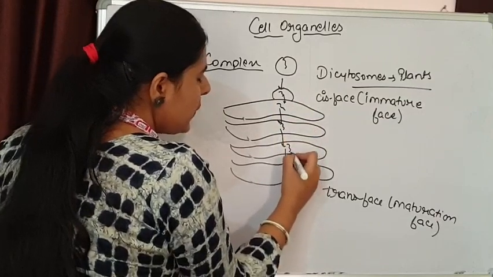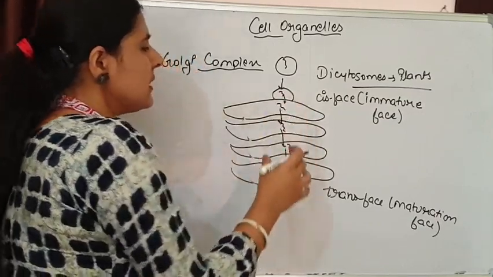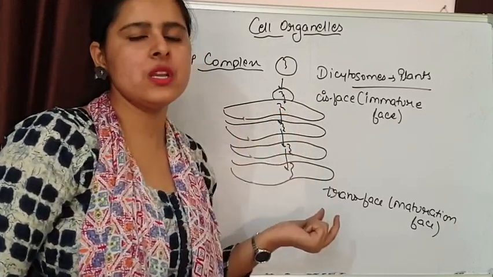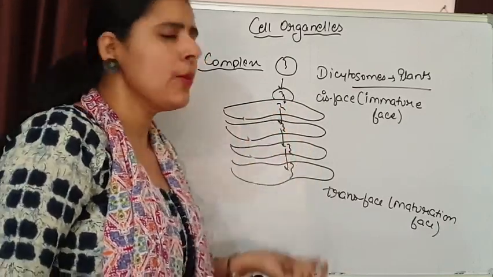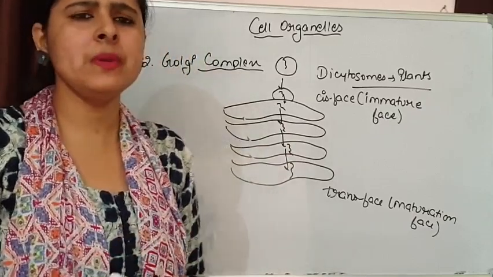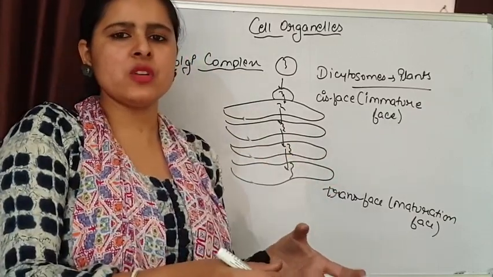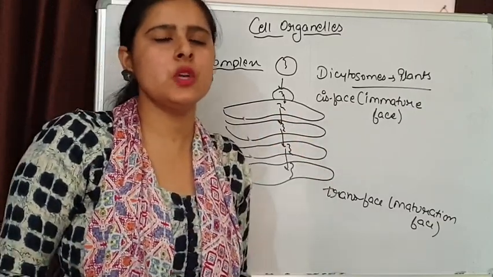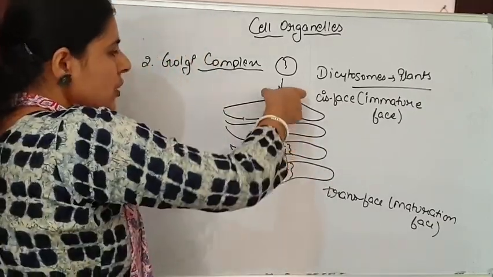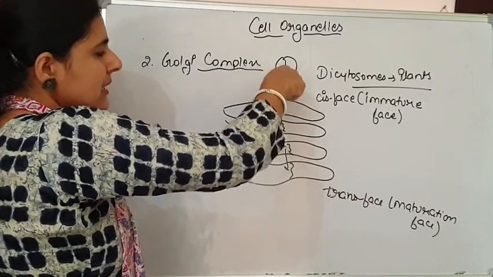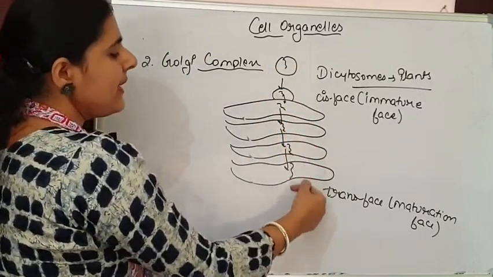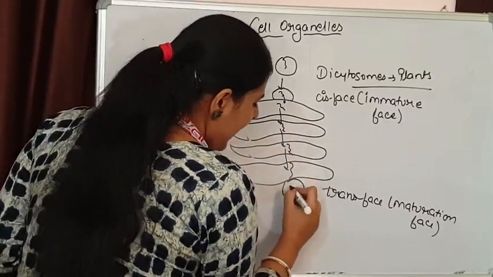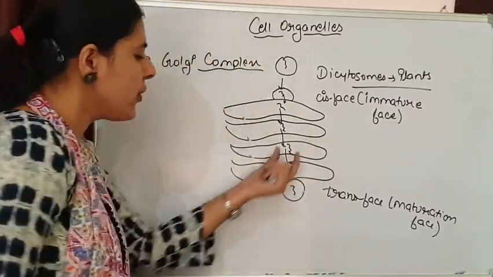cisternae, and when it is moving through these cisternae, basically step by step modification is taking place in these proteins. Modification simply means there can be addition of some extra groups in these proteins, or there can be removal of some unnecessary groups from these proteins. So through this movement, the protein is getting matured step by step, and it is moving out, again packed in the form of a vesicle from this phase.